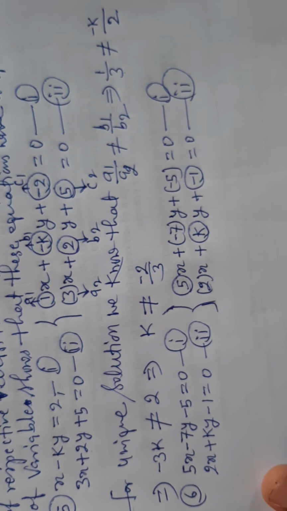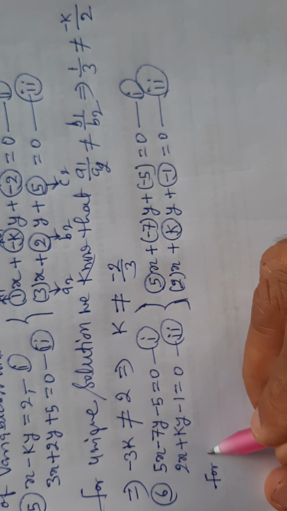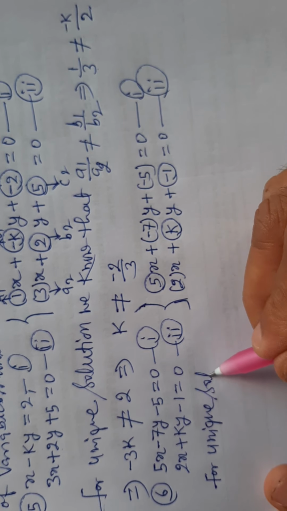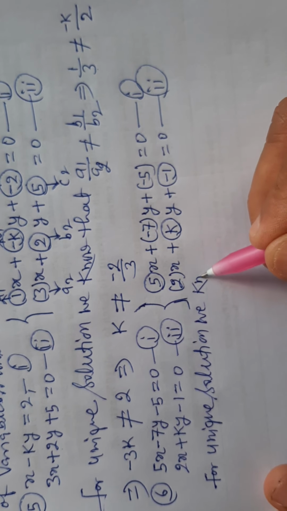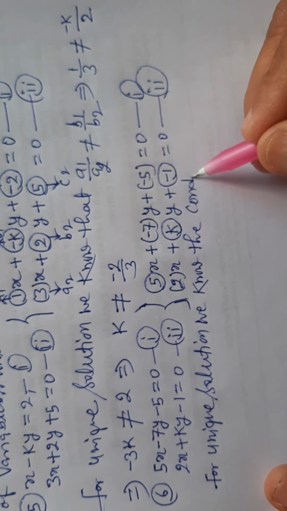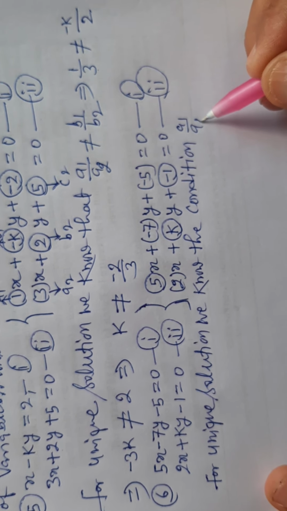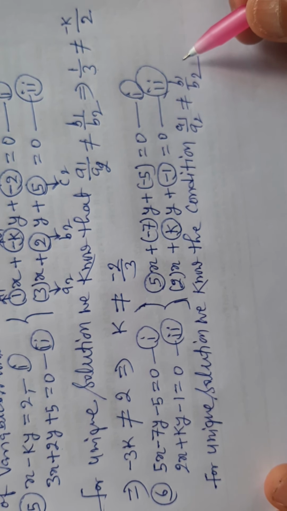For unique solution, we know the condition a1 by a2 is not equal to b1 by b2.